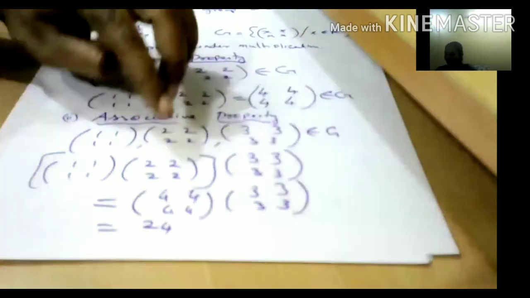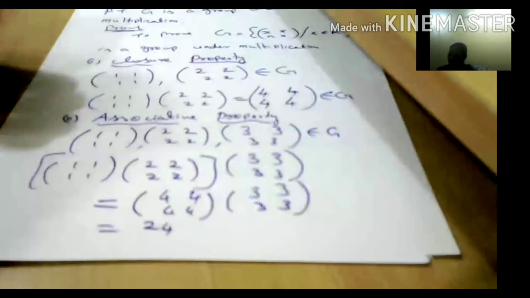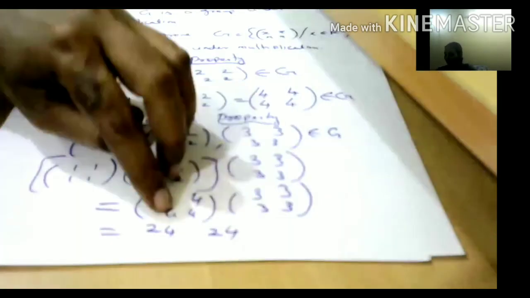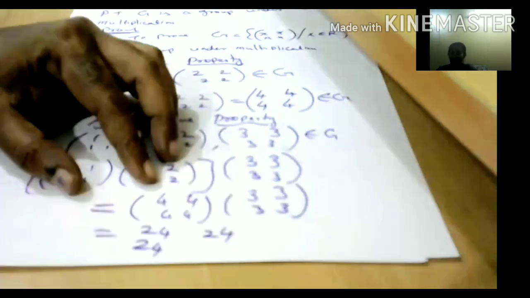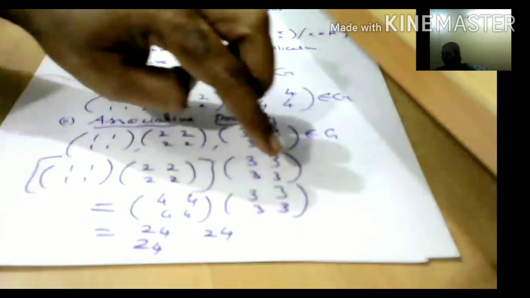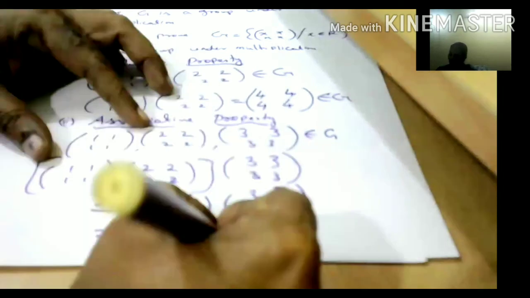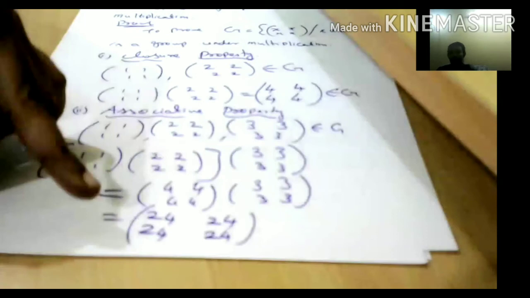Each entry is likewise 24. So the result is 24, 24, 24, 24.